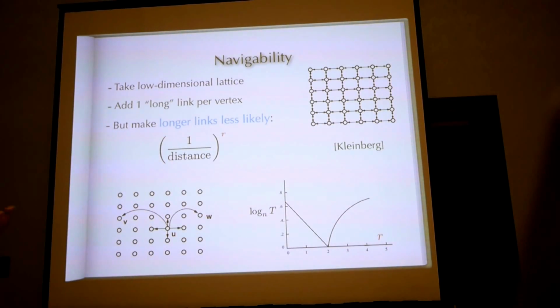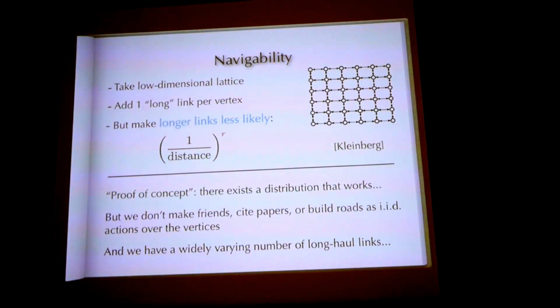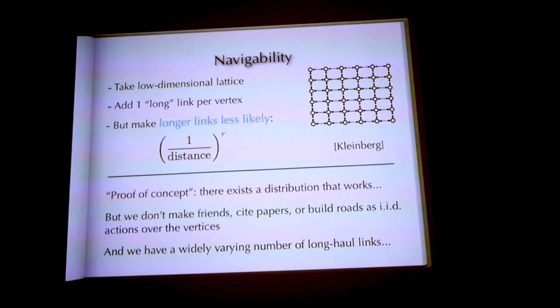So it's a nice proof of concept. There exists a distribution that augments some low-dimensional space that makes it possible to get navigability, meaning not just the existence of short connections, but short connections which are discoverable in this local greedy sense.